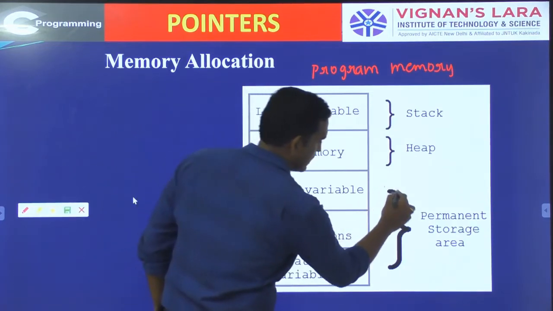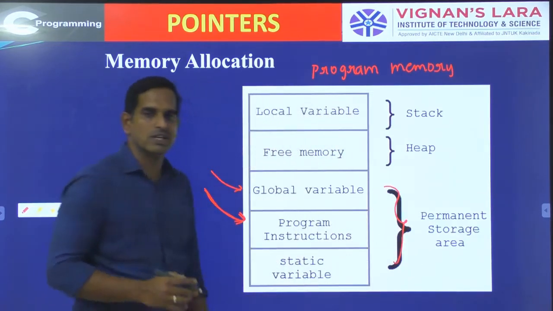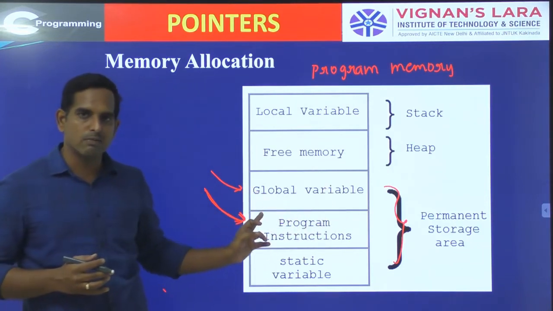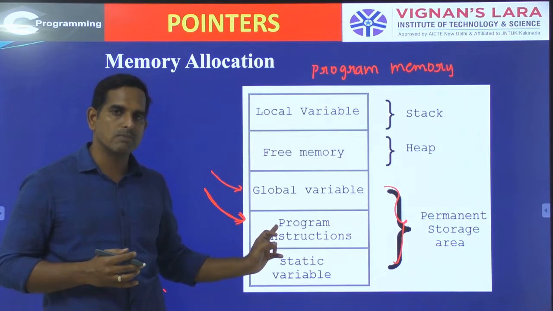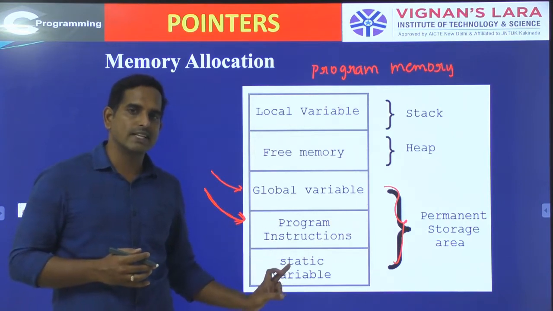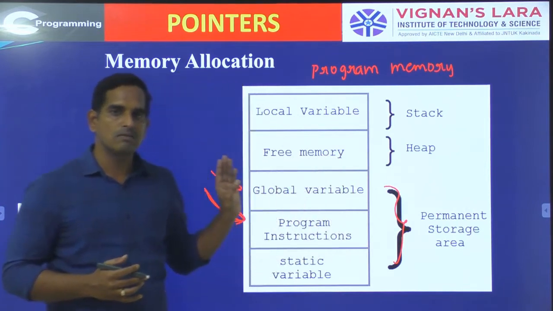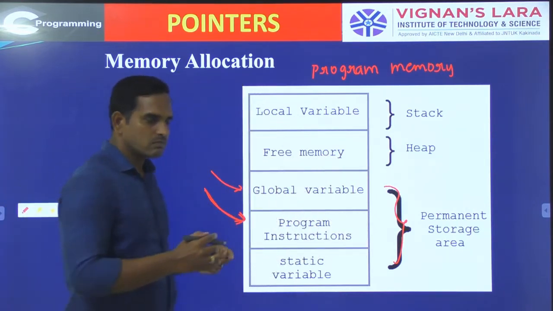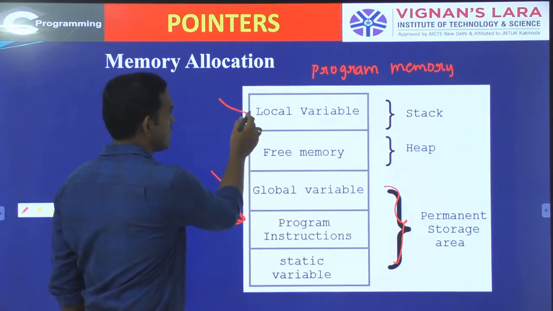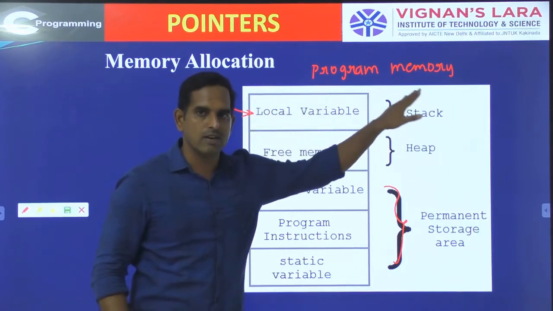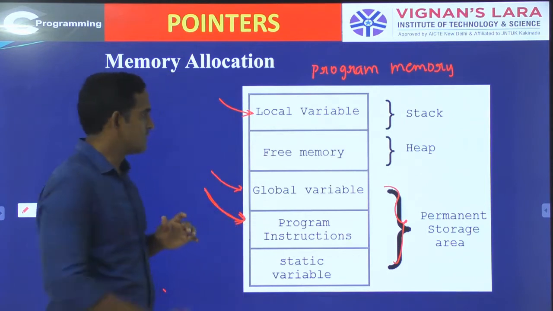All these three parts, that is your global variables, program instructions, along with the static variables, will be stored in the permanent storage area of your program memory. And for the declarations you do, the local variables will have a separate space called the stack.